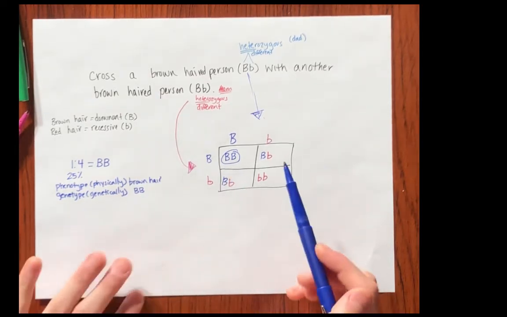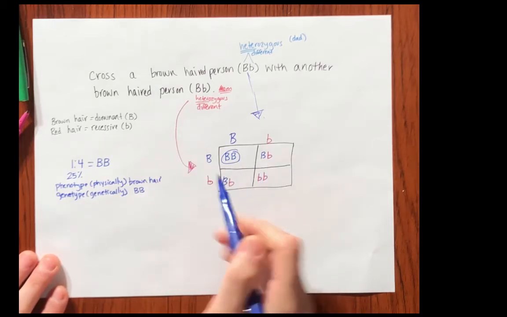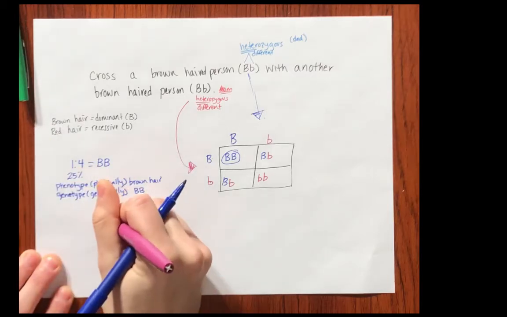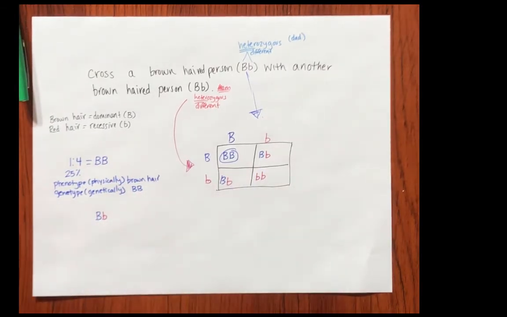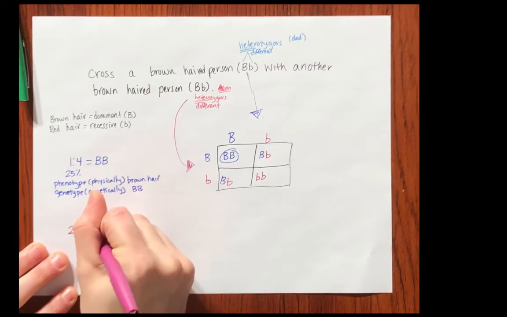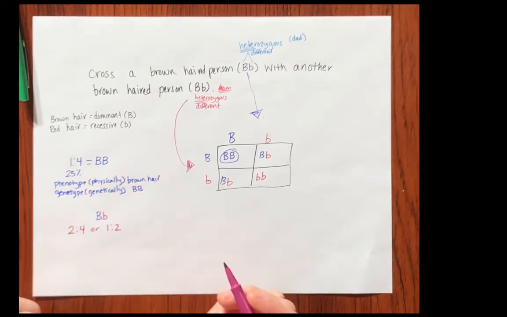However, now let's go on to, we got our 1, 2. See how if we're talking about big B, little b, there's 2 of them. So that would be 2 out of 4, or 1 out of 2 if we're simplifying it, are this big B, little b.